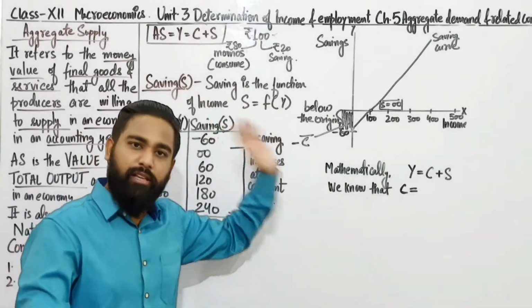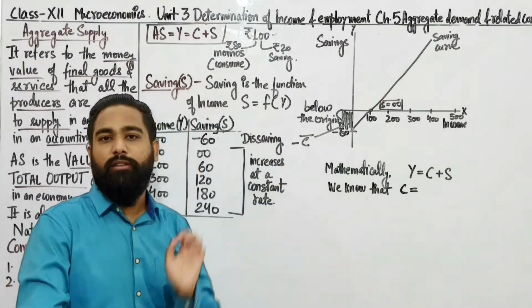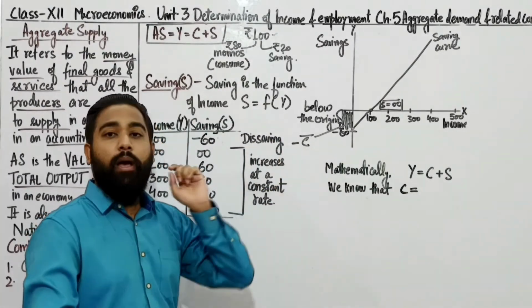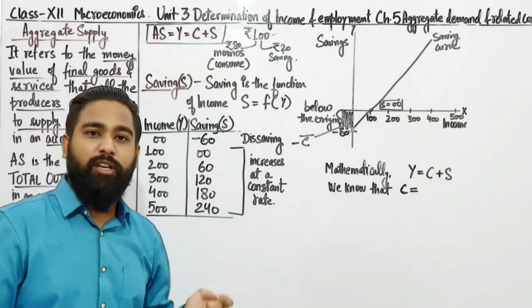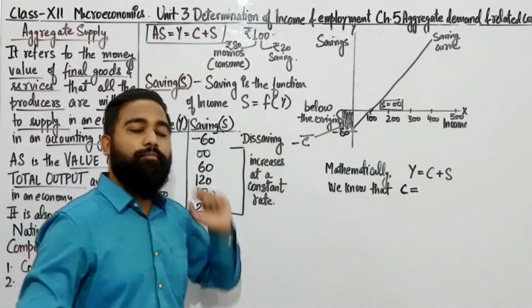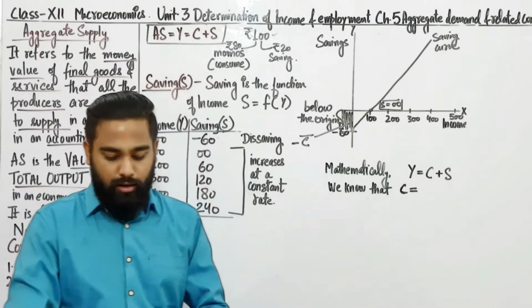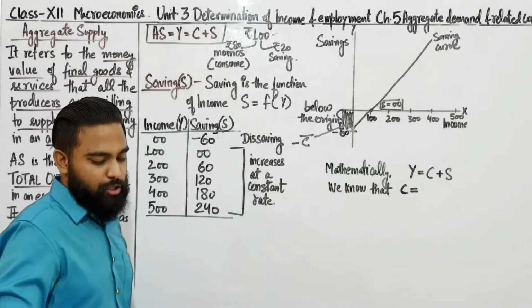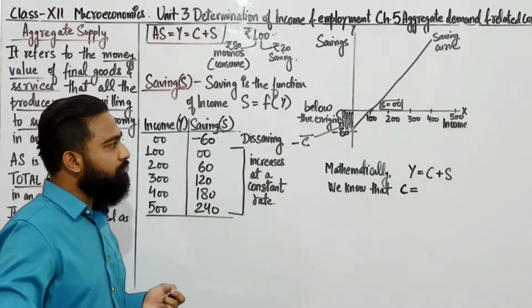This is also known as dissaving and minus C bar. Dissaving is denoted as minus C bar. Autonomous consumption was known as C bar, and dissaving is known as minus C bar. Fine. So that's your diagram.